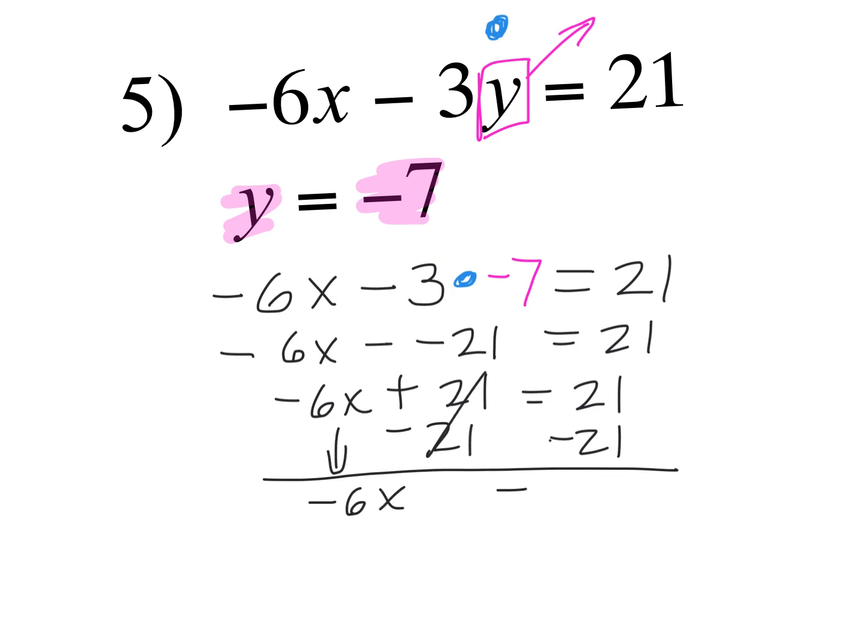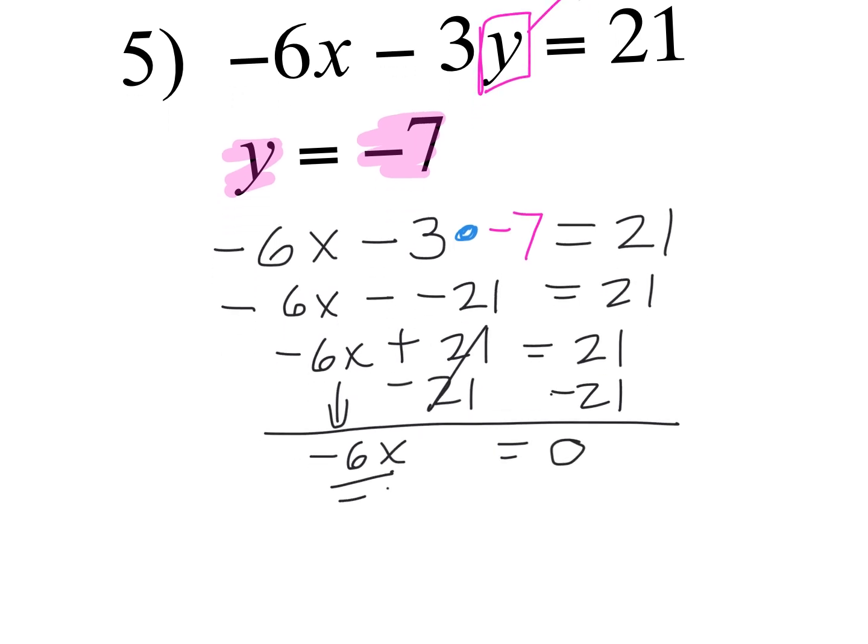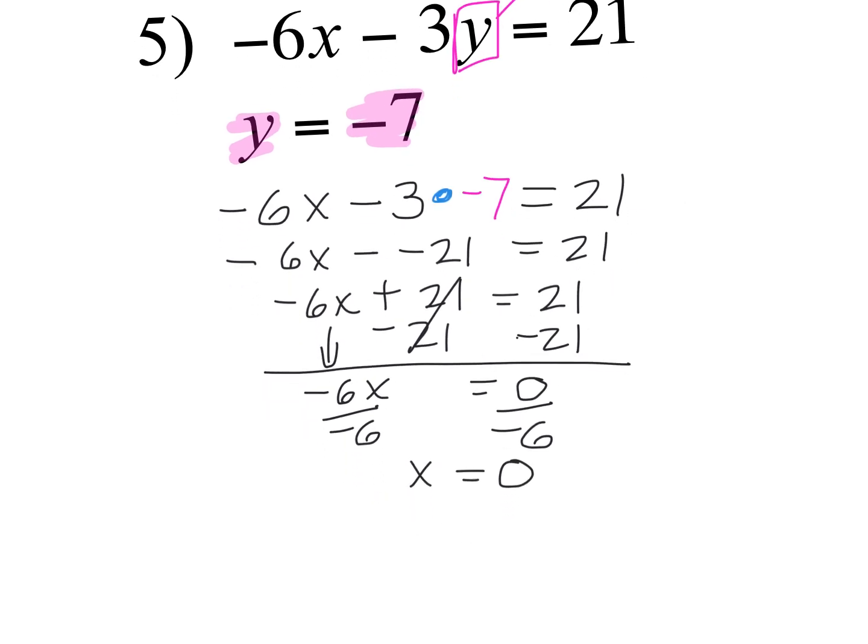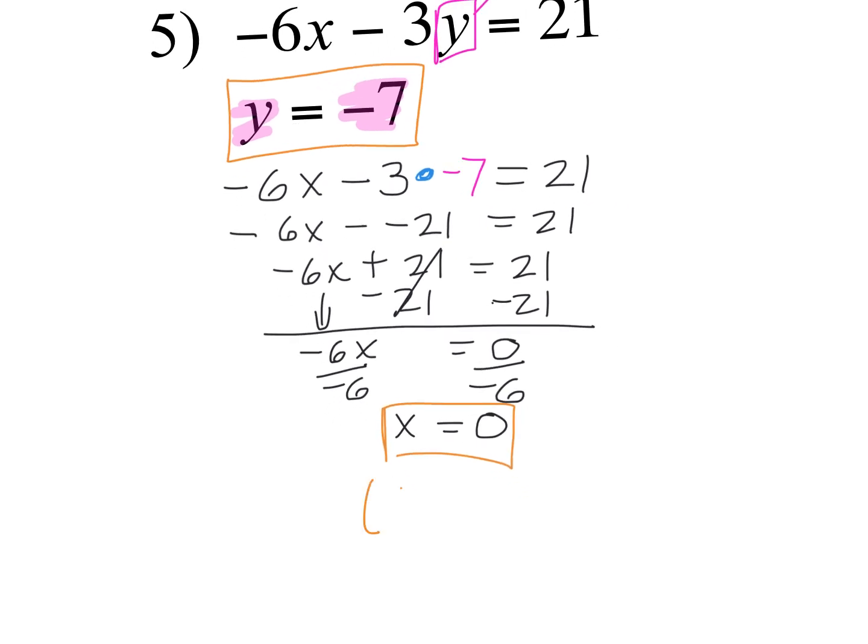That cancels. Negative 21 and 21 is equal to 0. I'm going to divide both sides by negative 6. X is equal to 0. So since x is equal to 0 and y is equal to negative 7, my solution is 0 and negative 7.